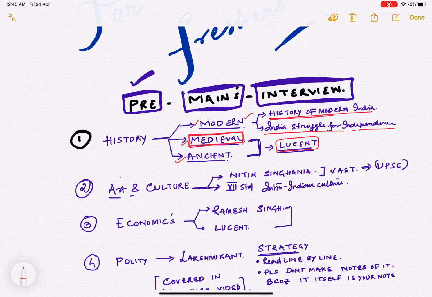With respect to modern India, please read these two books. These two books are the most beautiful books that have ever been written in the world. They have classified modern Indian history into different phases and explained it very, very well.